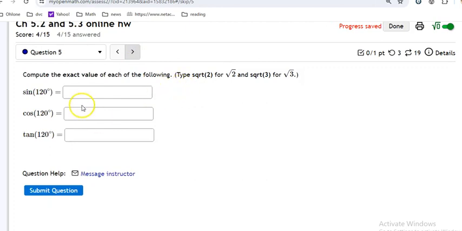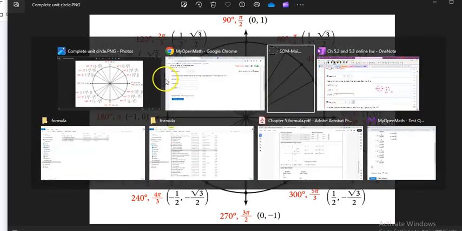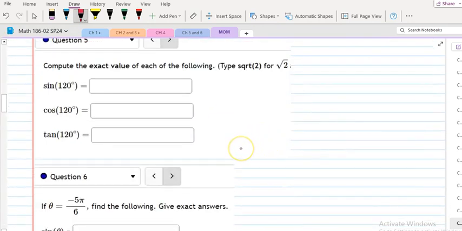So 120 degrees, so let's look at the unit circle. 120 is over here, which is negative 1/2, root 3 over 2. In your online homework, you might have a different angle, so what you do is you look up the unit circle.